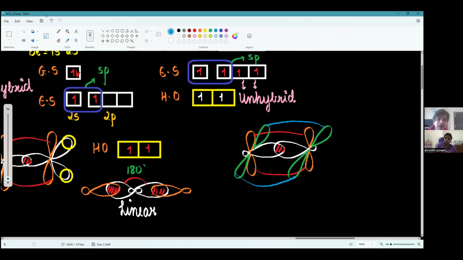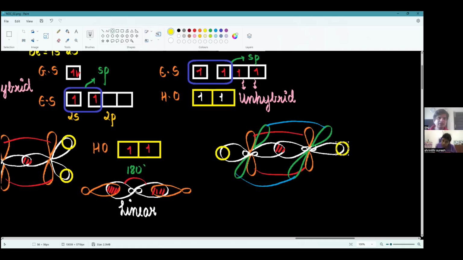Now there are two hydrogen atoms also. This will be the first hybrid orbital, and this is the second. You will have one hydrogen over here, and one hydrogen over here, the first hydrogen and the second hydrogen.